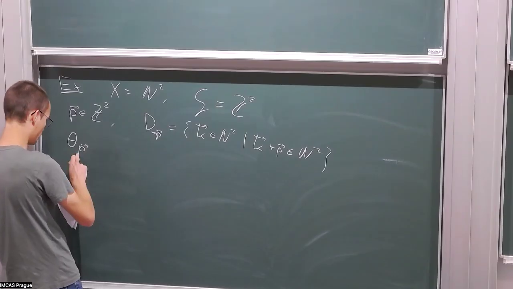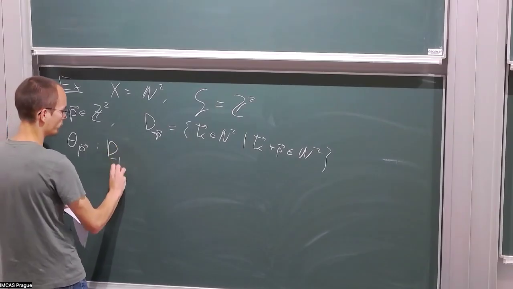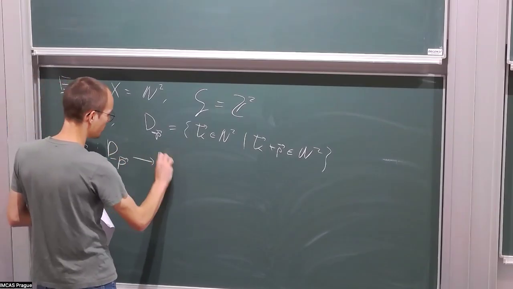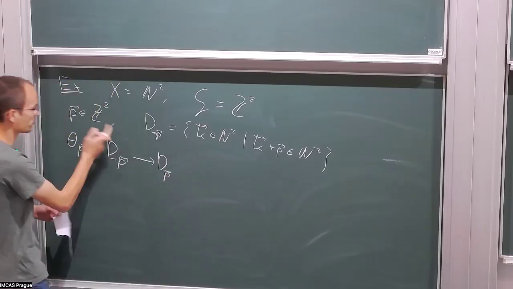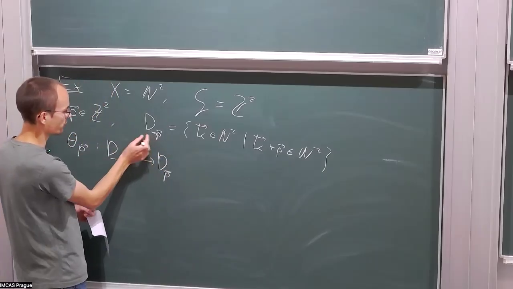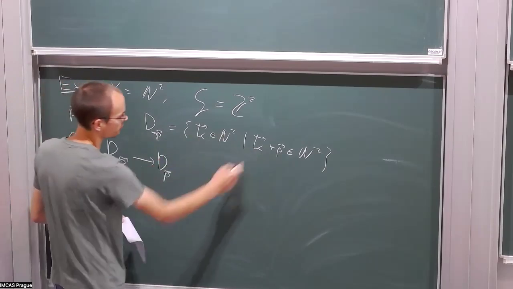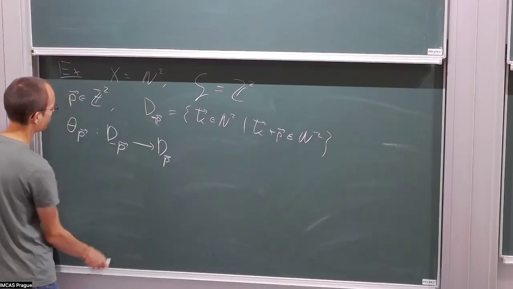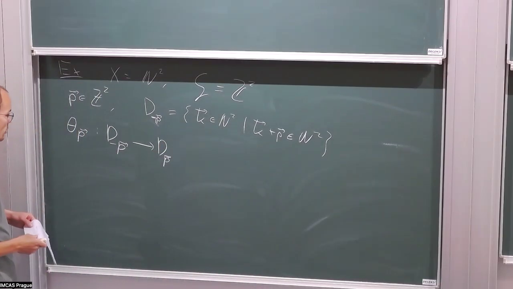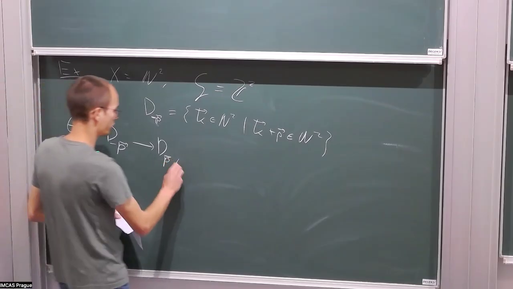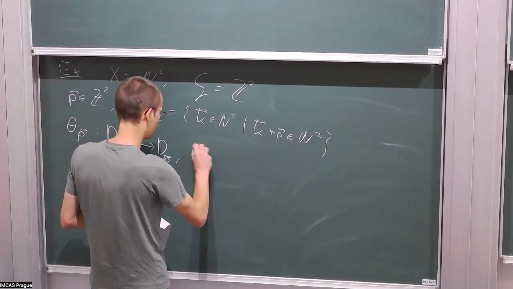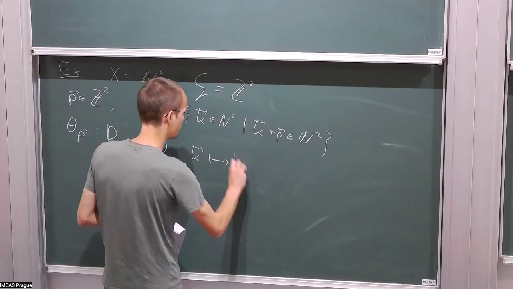by setting theta p to go from D minus p to D p, which, I mean, this definition is symmetric, right? You can just let the p eat the minus and that still makes sense. So this should just send k to k plus p.